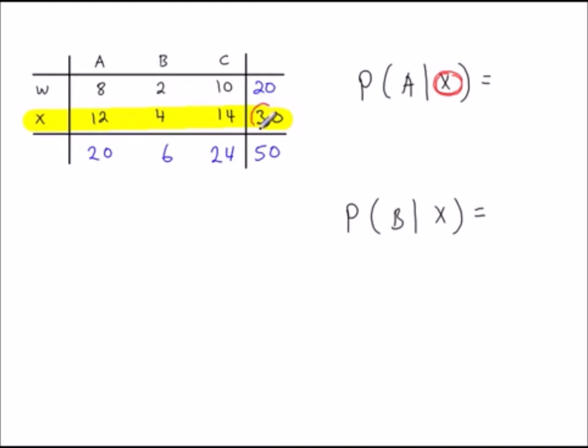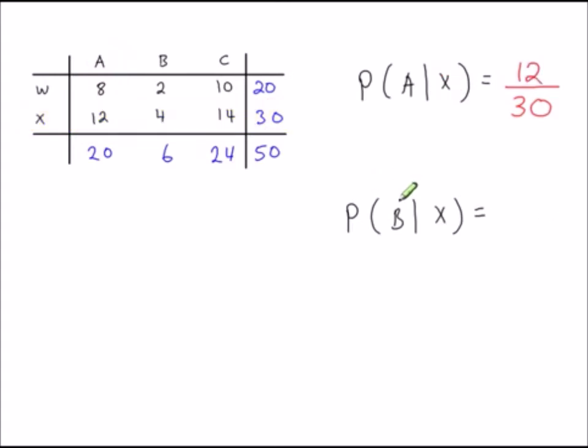The total for that row is 30, so the probability will be something out of 30. Now you look at event A. Event A is all of this. And where do the two meet up? On the 12 out of 30.